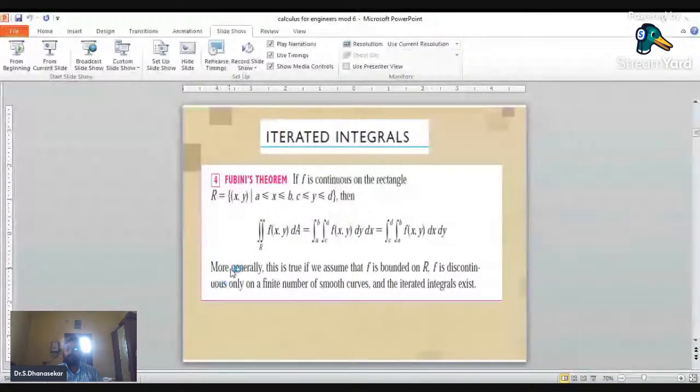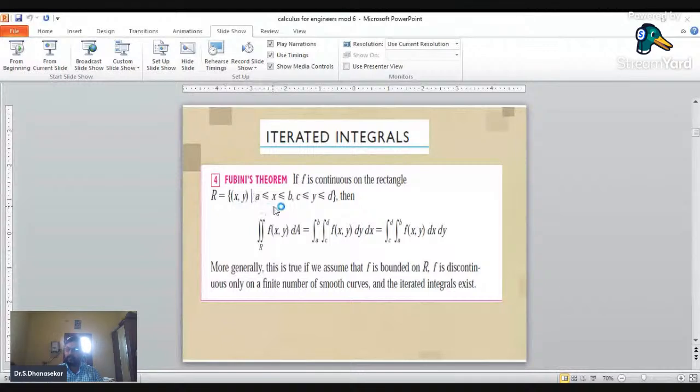Now, this is called an iterated integral. What is meant by an iterated integral is the double integral over R of f of x comma y dA, where R is x lies between a to b, y lies between c to d. All are constants: a to b, c to d, f of x comma y, dy dx.